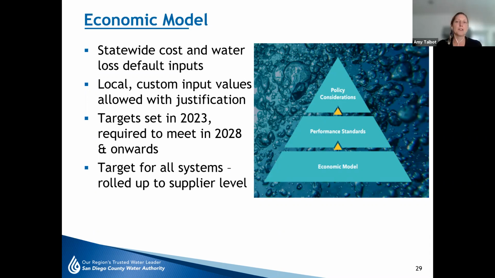Then you would have 3 water loss targets that would be rolled up according to some ratio, and then you would have one supplier-wide target to meet. So you wouldn't have to meet those 3 individual system targets, but just one as an overall supplier. So that gets a little confusing. Next slide, please.